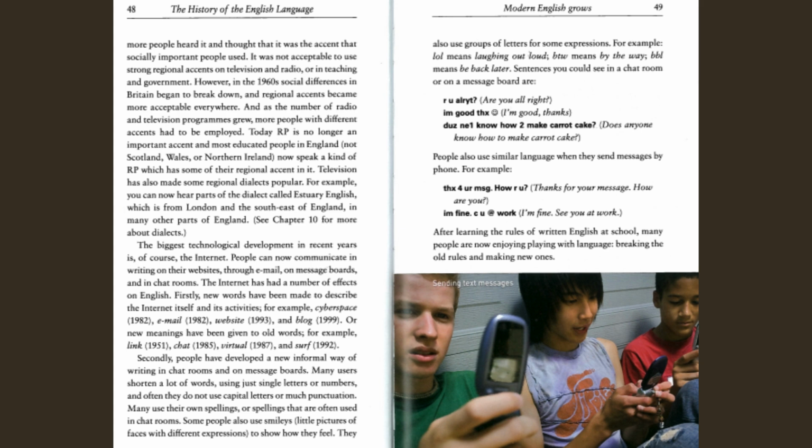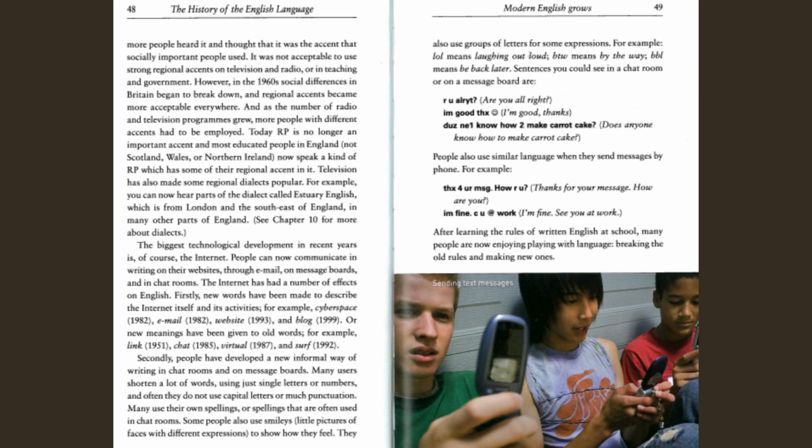For example, cyberspace, 1982, email, 1982, website, 1993, and blog, 1999. Or, new meanings have been given to old words, for example, link, 1951, chat, 1985, virtual, 1987, and surf, 1992.